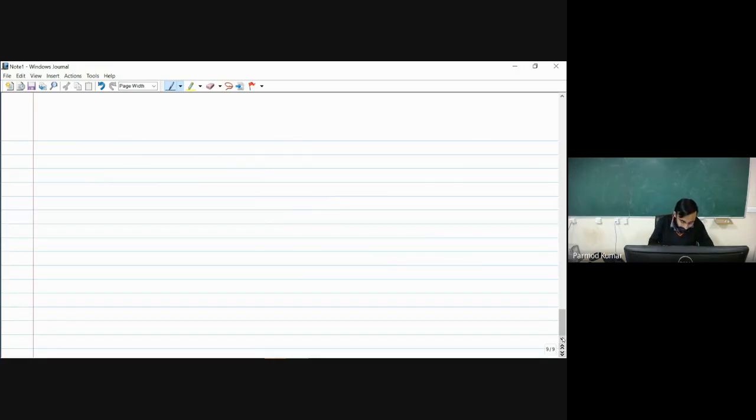Okay, so let me now take up one equation, which is (1 minus M infinity squared) times del squared phi by del x squared plus del squared phi by del y squared is equal to 0. Okay, so can you tell me what kind of physical behavior this equation represents?